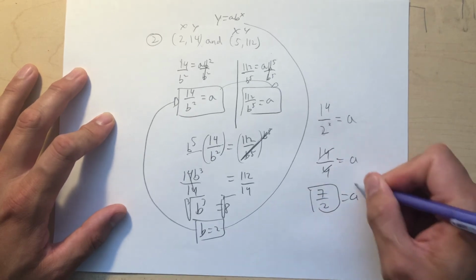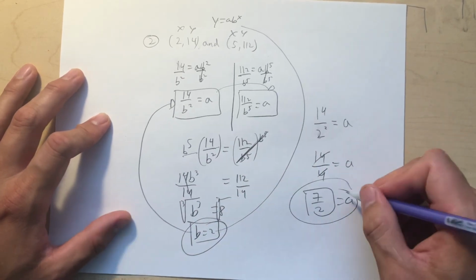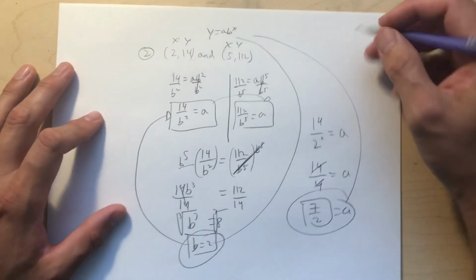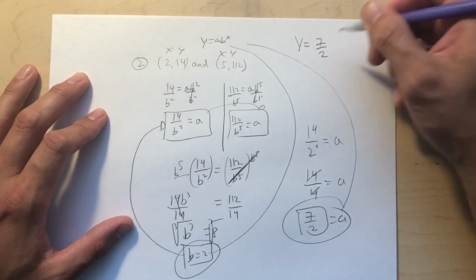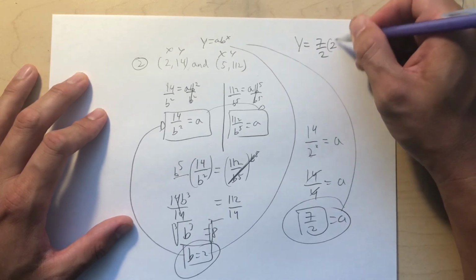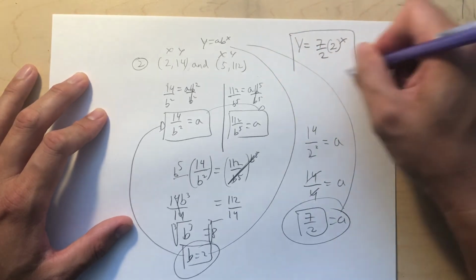There you go. Now I found my A and my B, and I'm ready to plug them back in. So my final answer is Y is equal to 7/2 times 2 to the X power. And there you go.